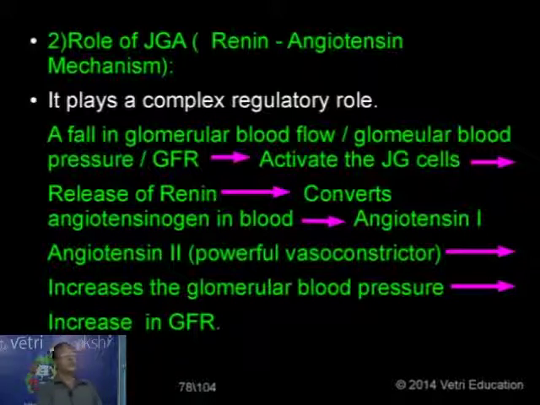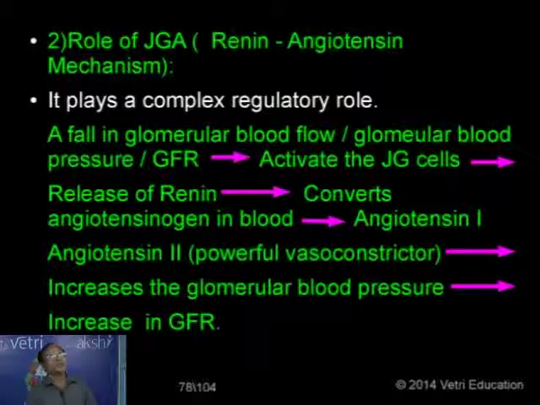These stimuli, fall in blood pressure, fall in blood flow, or fall in glomerular filtration rate, activate the juxtaglomerular cells to release the hormone renin. Renin converts a substance circulating in the blood, angiotensinogen, into angiotensin 1. Angiotensin 1 activates angiotensin 2. Angiotensin 2 is a powerful vasoconstrictor, causing the constriction of blood vessels, thereby increasing the blood pressure.